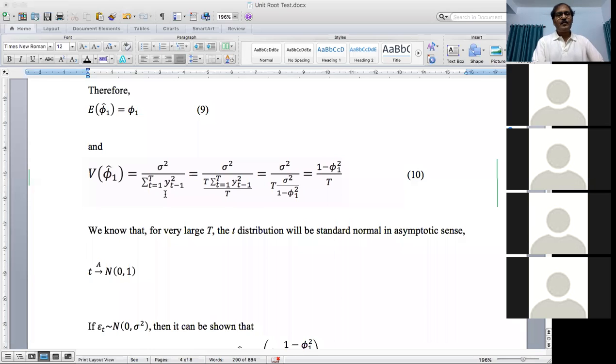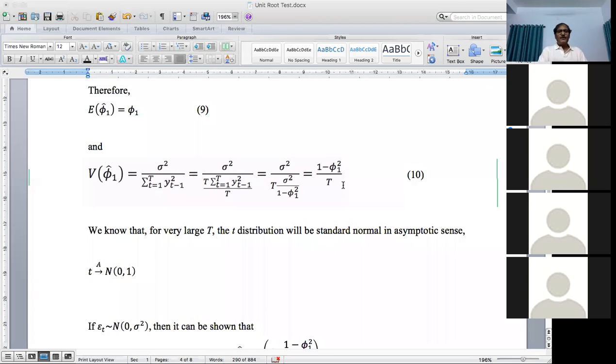And we manipulate the denominator, keeping the numerator as it is, just by multiplying by T and dividing by T. After dividing by T, this component becomes variance of yt. And the value of variance of yt we have already derived is equal to sigma square divided by 1 minus phi 1 square. So the variance of phi 1 hat ultimately becomes 1 minus phi 1 square by T.